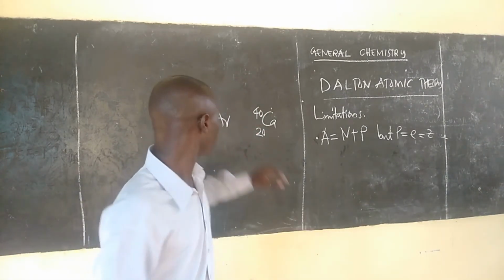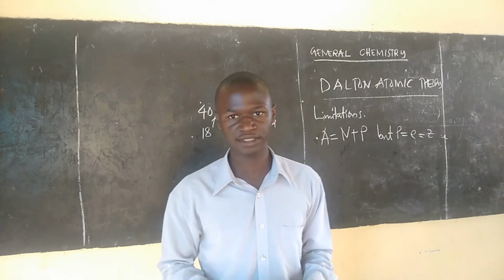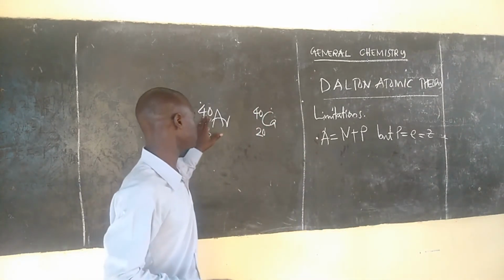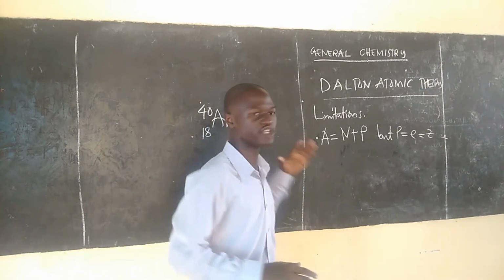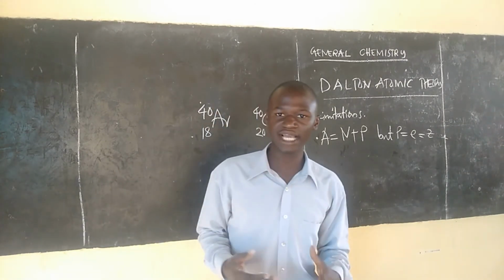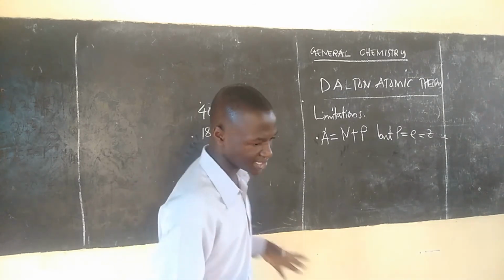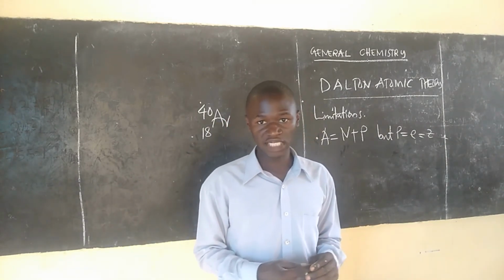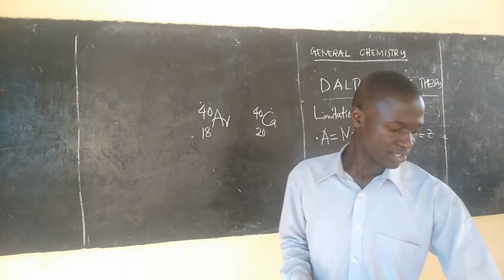Dalton said atoms of different elements, they are different in every property. But here we have seen atoms of different elements, they have the same mass. So if atoms of different elements may have the same mass, that means we get an idea that Dalton's atomic theory, the fourth idea, is not correct.